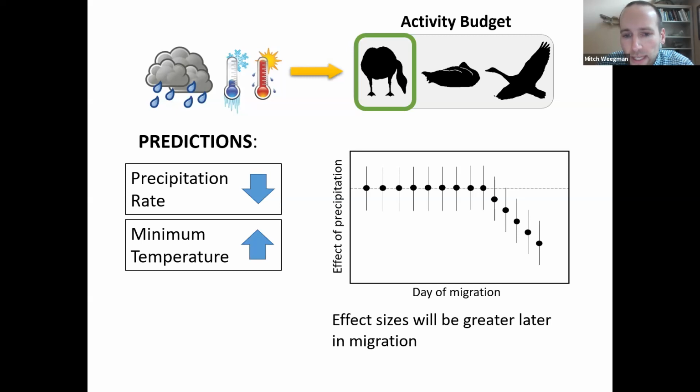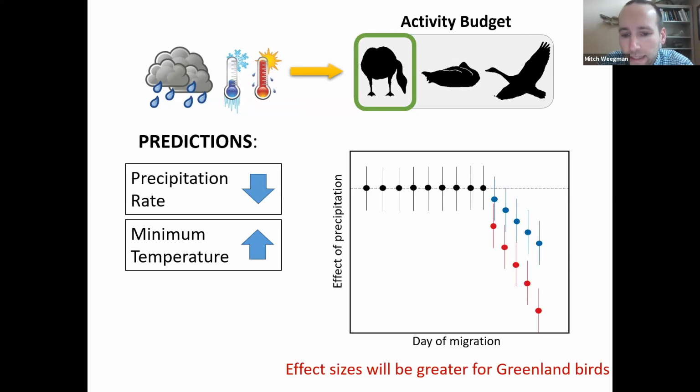We also hypothesized that the effect sizes for both precipitation rate and temperature would be greater later in migration, because we thought the importance of these features is greater as you get closer and closer to the actual incubation window, and that the effect sizes would be greater for Greenland birds. We predicted this again because of the more risky Greenland strategy relative to the mid-continent white-fronted goose strategy.